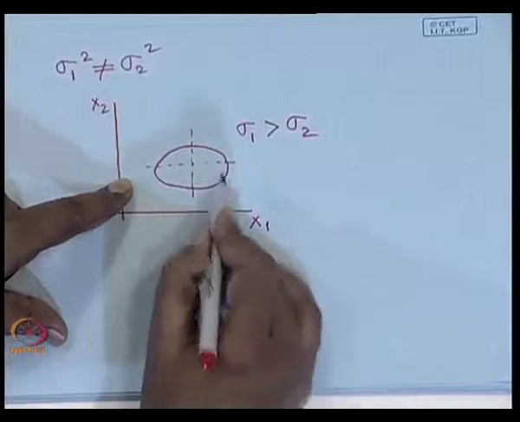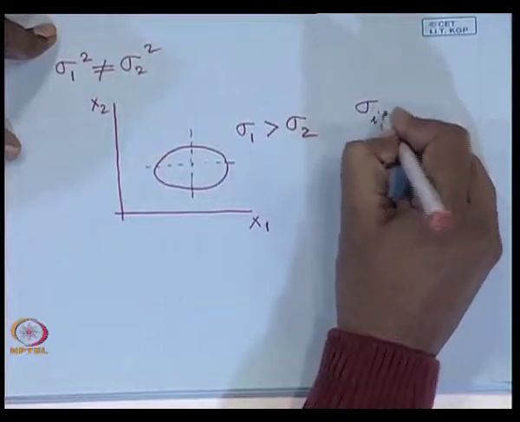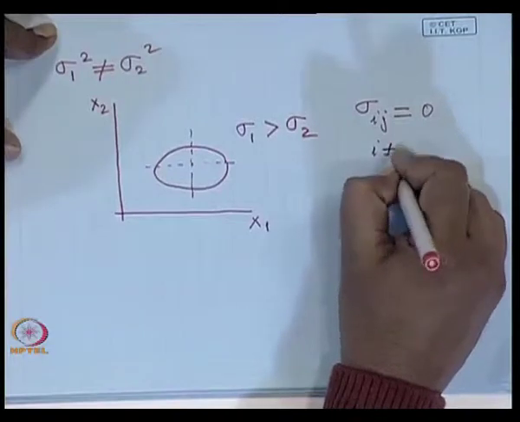So, this is the nature of the loci of the points of constant density, when my assumption was that different components of the feature vectors are statistically independent. That means sigma i j was equal to 0 for i not equal to j.